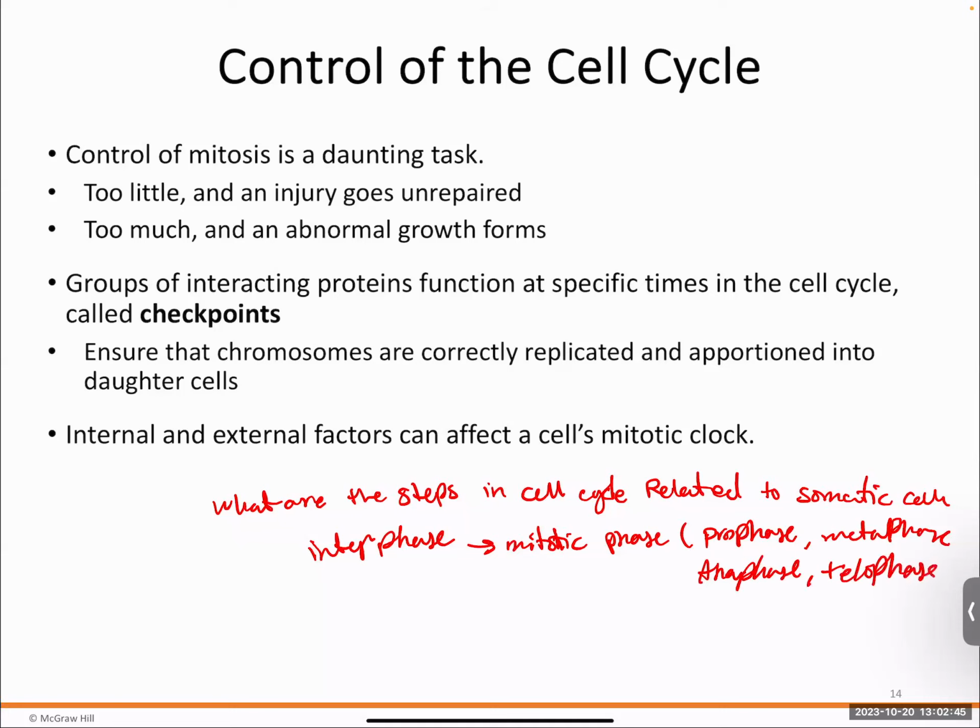Please make sure you can make that distinction between the interphase and the mitotic phase and these divisions.